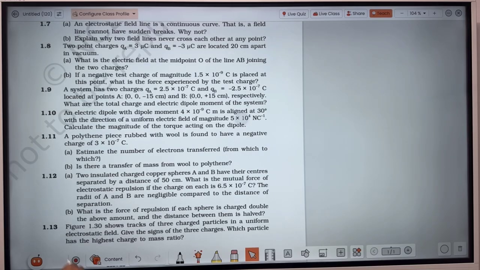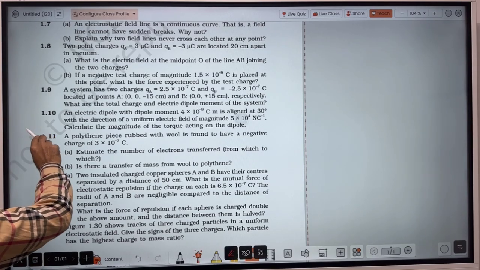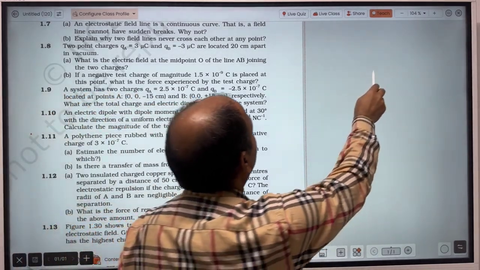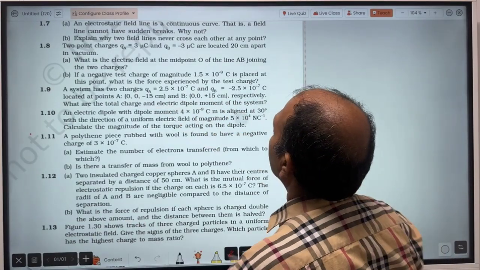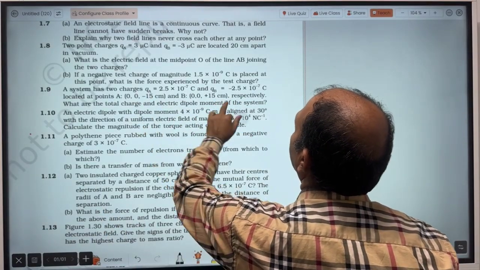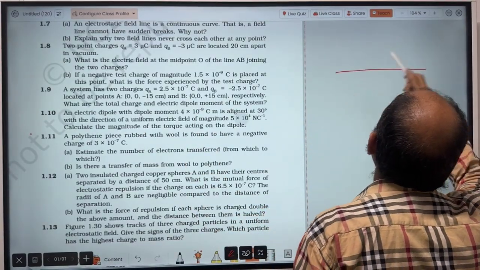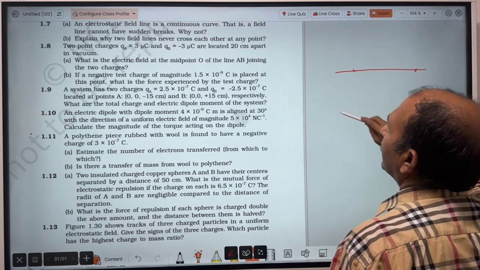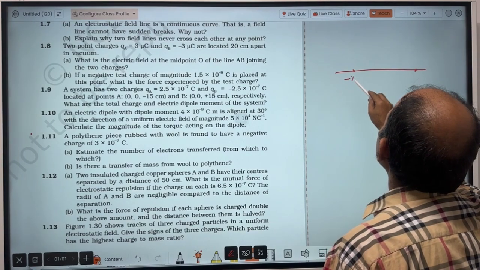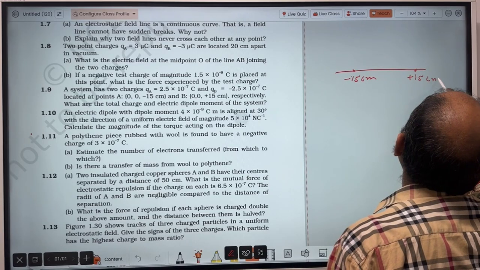So here 3D points are given. This point is on the Z axis, this point is also on the Z axis. So I'm just drawing the Z axis and locating the points here. One is minus 15 cm, another is plus 15 cm.